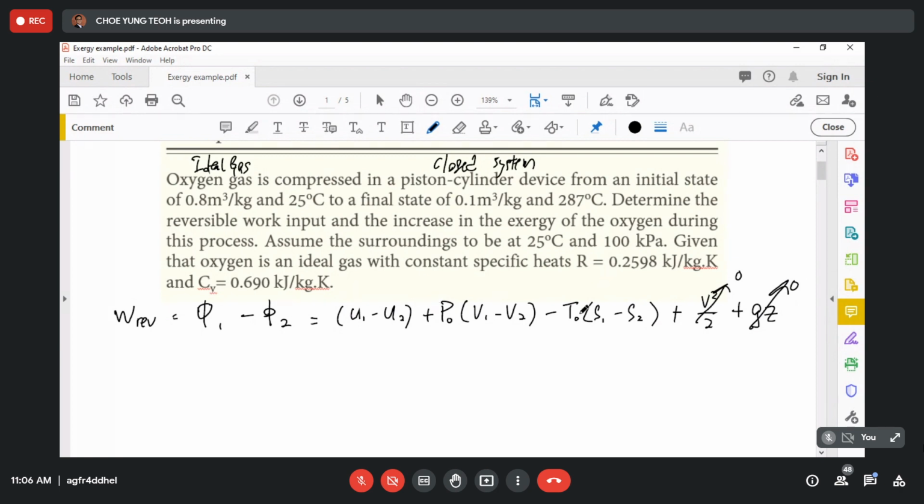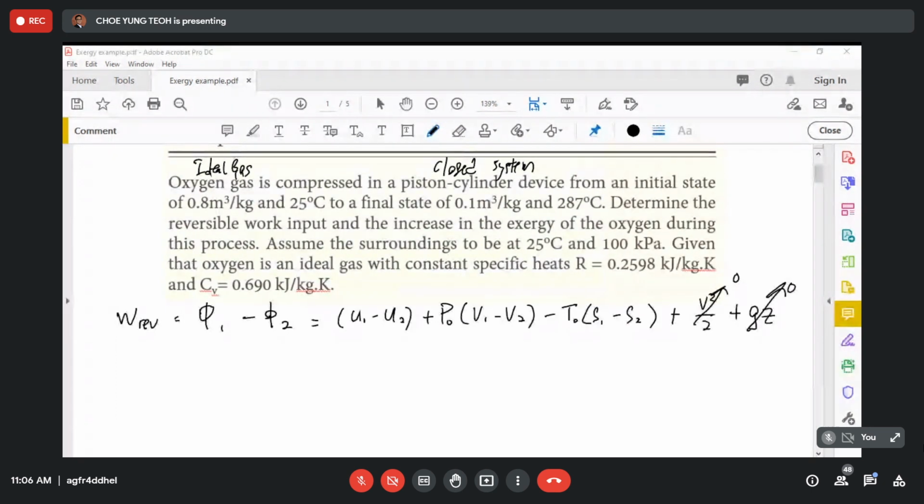Okay, so you can go back to this. Okay, maybe I convert the video. You can go back to your lecture note and then get the equation for this ideal gas. Remember that you can only use this for the ideal gas, which is the oxygen, air, or whatever gas that's stated as an ideal gas.